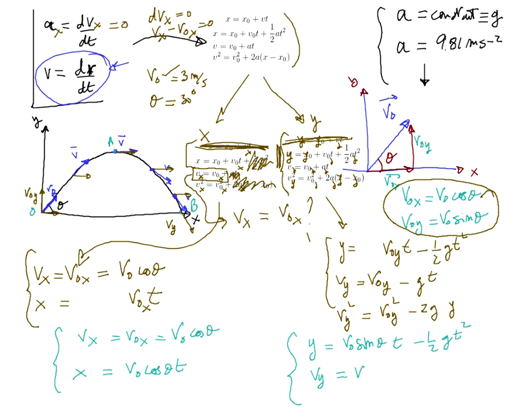Vy is equal to V naught sine theta minus gt. And Vy squared is equal to V naught sine theta, both being squared, minus 2gy. Done. Now we have all the equations for us to answer any question that may be thrown at us.